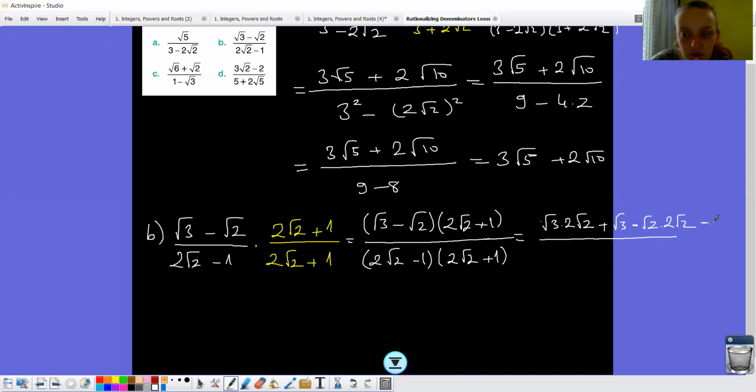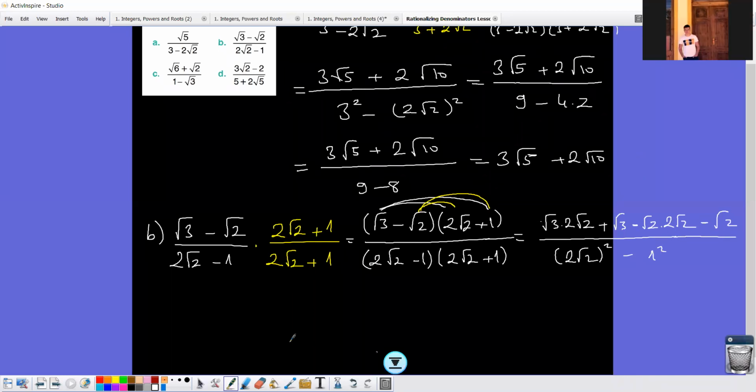Root 2 times 1 will be root 2. It's okay, for the numerator I'm doing one by one. This one first with this, and then I'm multiplying with root 2, both of them. And in the denominator, I have the identity: 2 root 2 square minus 1 square. It's okay till here? If you have any question, please ask. It's okay, teacher.